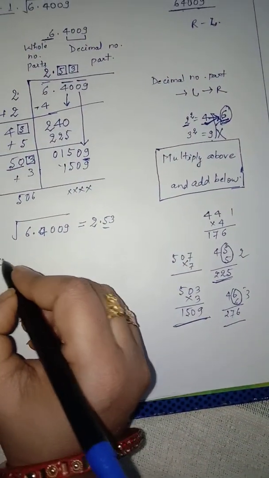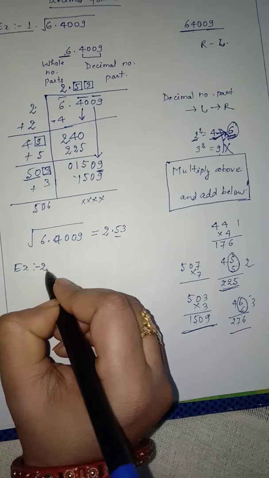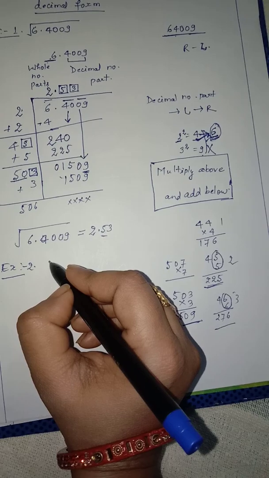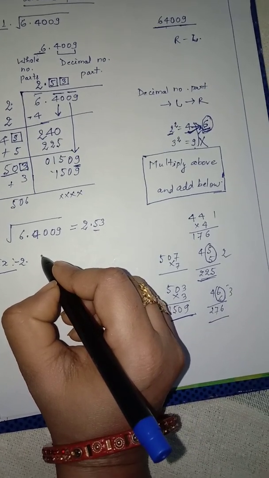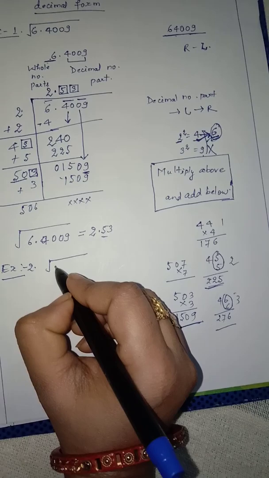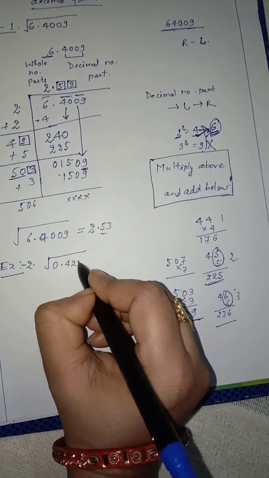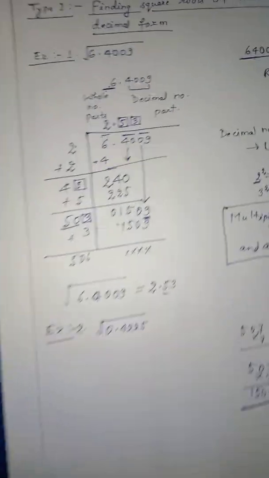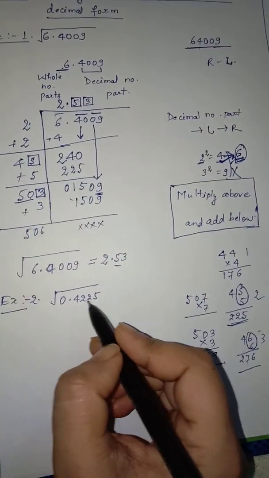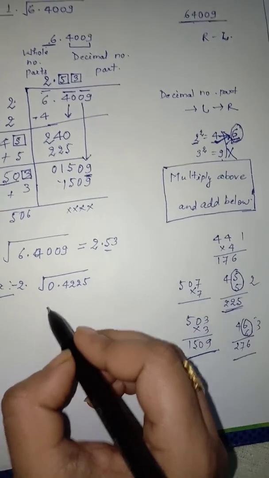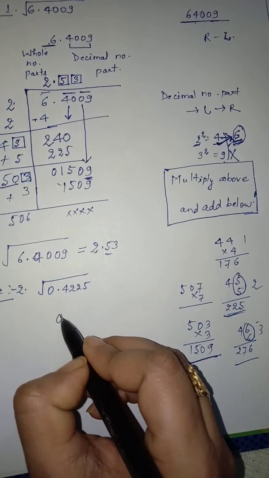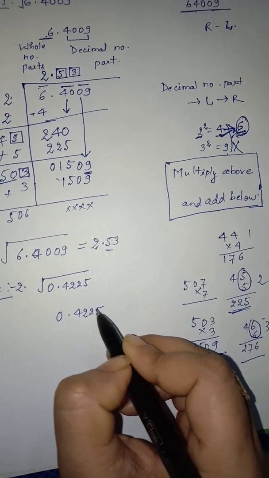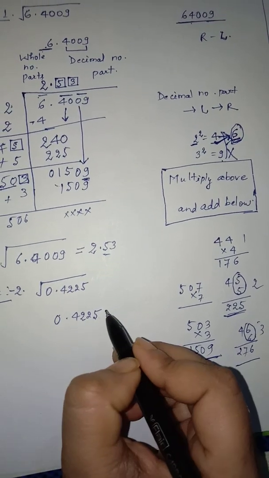Next example. Example number 2. Suppose that we have to find the square root of 0.4225. What will we do? In the first step, firstly we will mark pairs, from right to left or left to right?